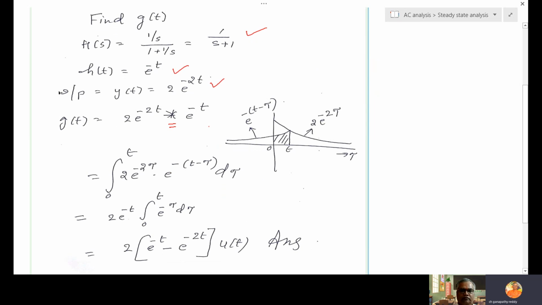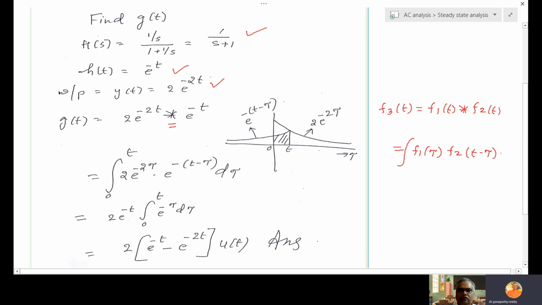So one convolution, the theory part already, if you know it, easily these steps you will understand. It is like f3 of t is equal to f1 of t star f2 of t. So mathematically this is equal to the integral of f1 tau, f2 t minus tau d tau.